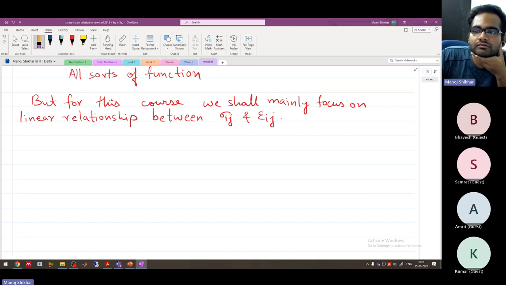Maybe I should write epsilon mn because these are different indices. Okay.